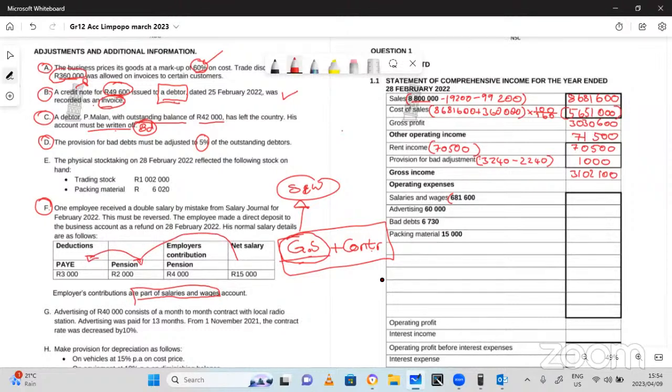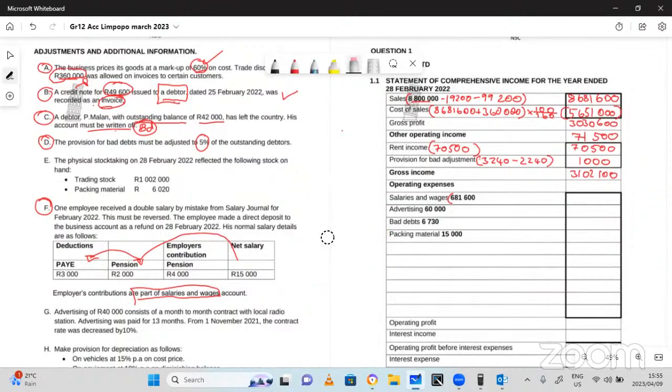So the gross salary of this person will be the 15,000, and add the 2,000. I'm doing a reversal type, and add again the 3,000, which will give me 20,000.